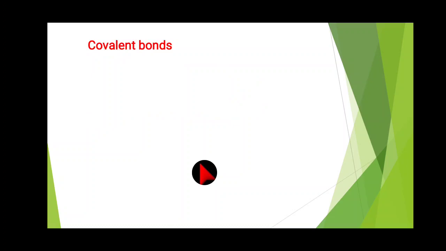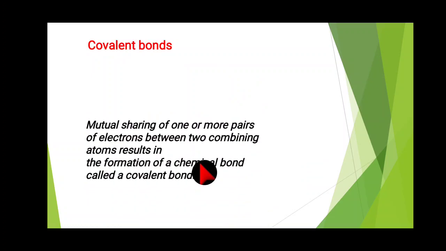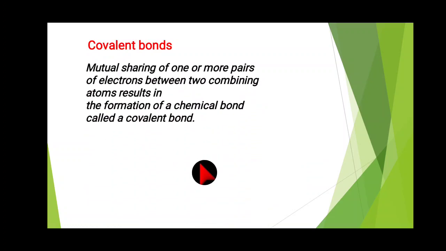So what is a covalent bond? Simply we can say that it is the mutual sharing of electrons between the atoms, right? Mutual sharing of one or more pairs of electrons between two combining atoms, resulting in the formation of a chemical bond, is called a covalent bond. Some atomic model structures we can get.